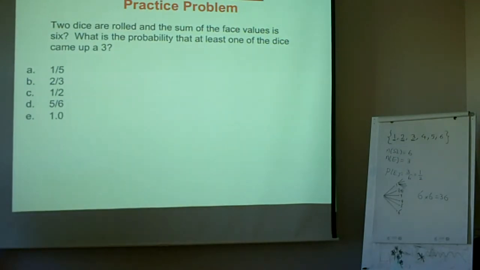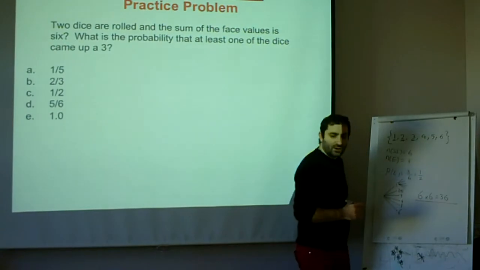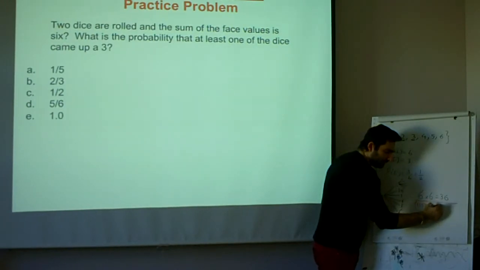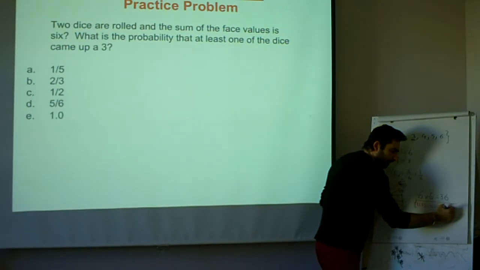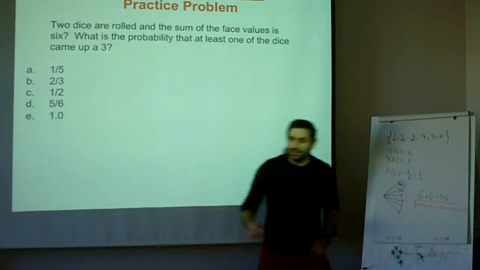Now the question says the sum of the values is 6. What are the values? Can you tell me? 1 and 5, 5 and 1, 2 and 4, 4 and 2, and 3 and 3.